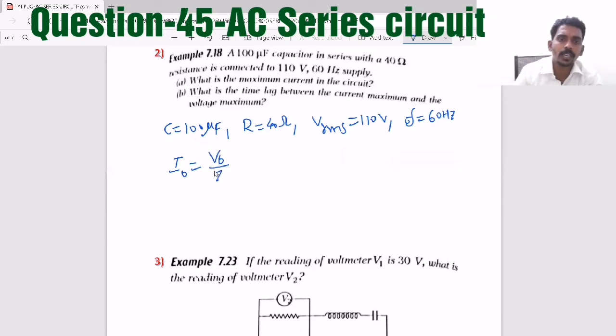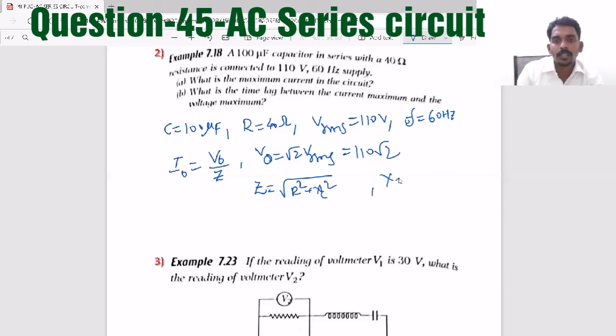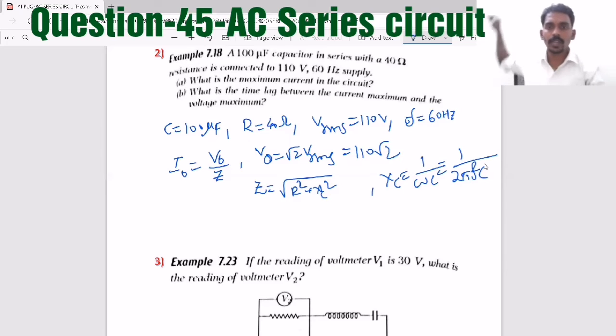So the I naught value is V naught by Z. Now VRMS means V naught by root 2. So V naught equals root 2 times VRMS, that means 110 root 2. Now the Z value is under root R square plus XC square, where XC is 1 by omega C, where omega is 2 pi F. C value is given, F value is given.